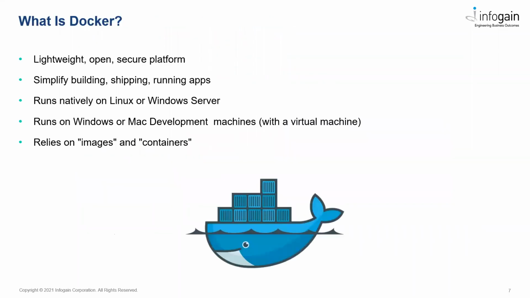Now the question is, what is Docker? Docker is an organization, a company name. The name of the company is Docker Inc. It also has Docker as a product, and it's a set of platform as a service that uses OS level virtualization. You remember I talked in the previous slide about two levels of virtualization.